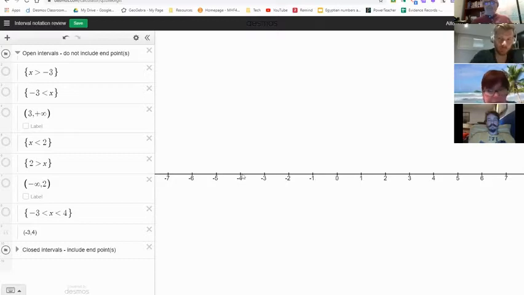But if I go to -4, that number is not on the interval. Or if I go to 5, that number is not on my interval. So this represents just this chunk of my number line. And it does not include either -3 or 4. It's an open interval.